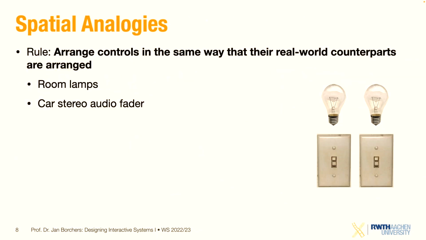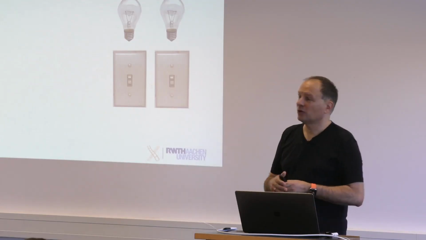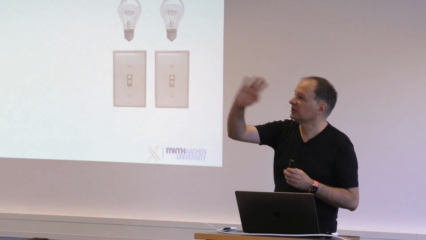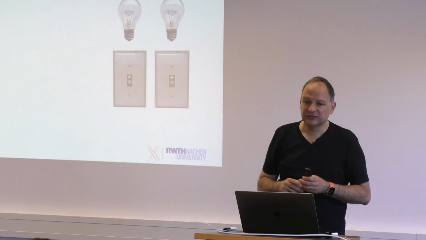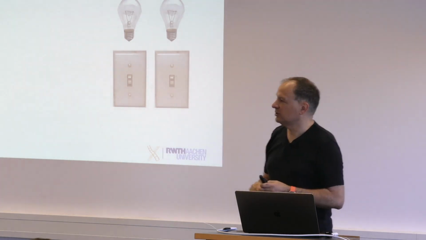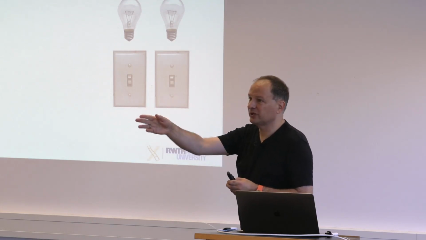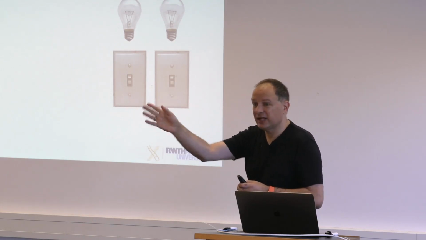So one rule that you can often use when you're designing an interface is that if you have the freedom to arrange controls in a certain way spatially, then you want to arrange them in a way that maps their real-world counterparts. So if we have this room here, and there was a control to control these rows of lights individually, let's say, then I would want to have 5 light switches or whatever it is next to each other in that same order, right?